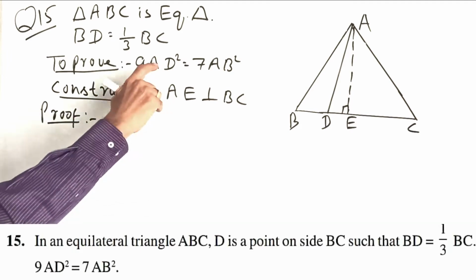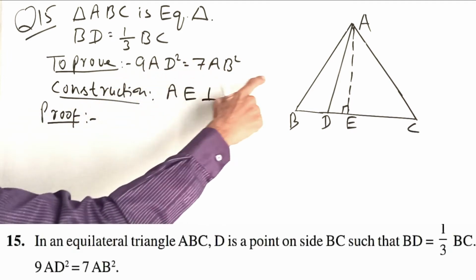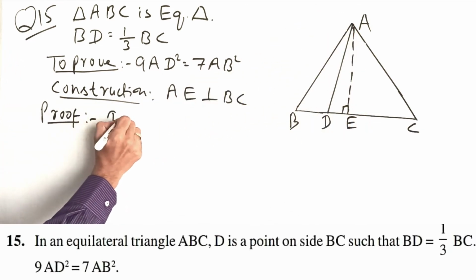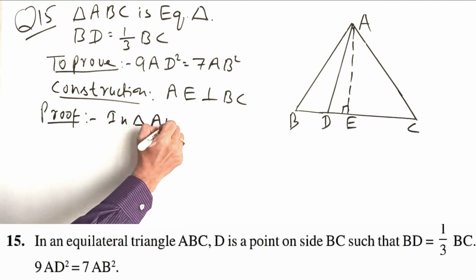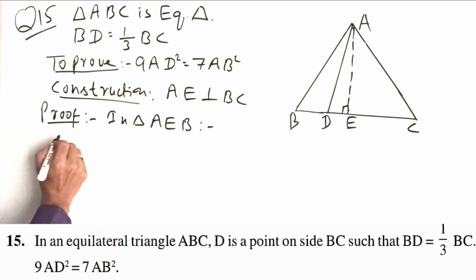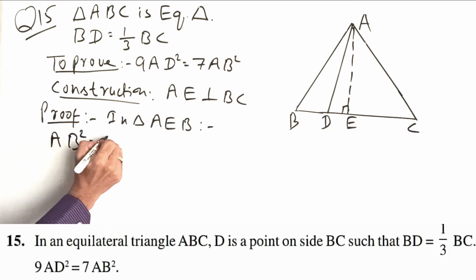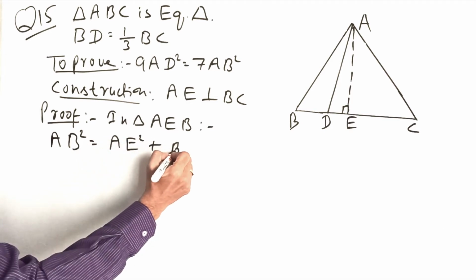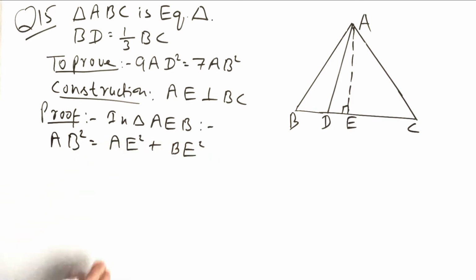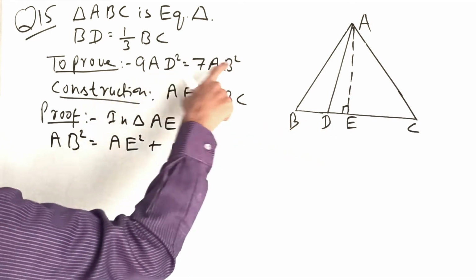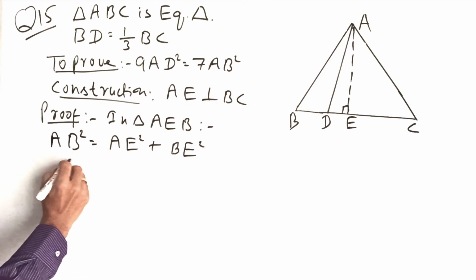See, we need here AD square, AB square. So AB square we can get by triangle AEB. In triangle AEB, using Pythagoras, we will get AB square is equal to AE square plus BE square. In the similar way we require AD square, so we will now consider triangle AED.